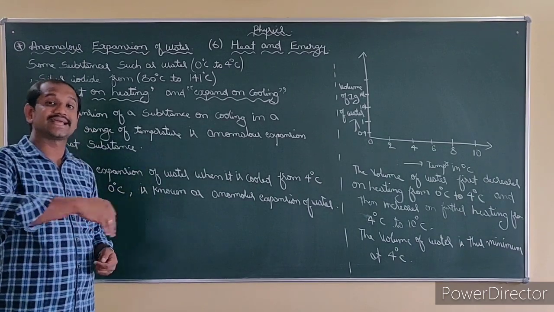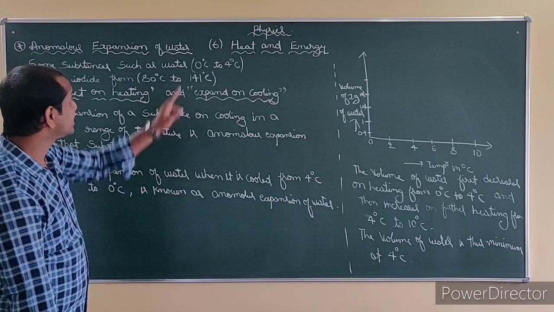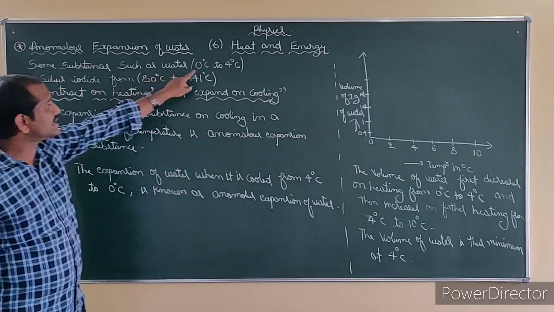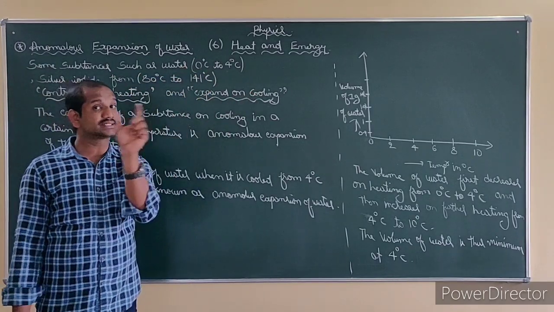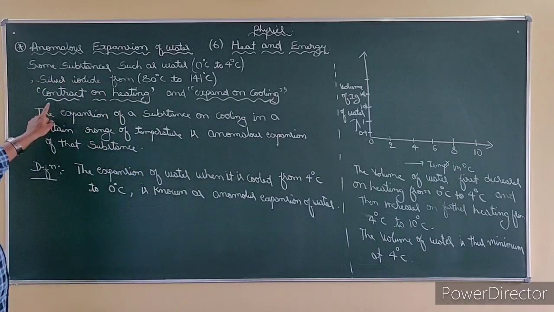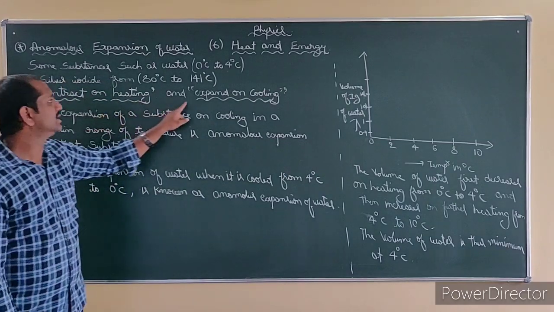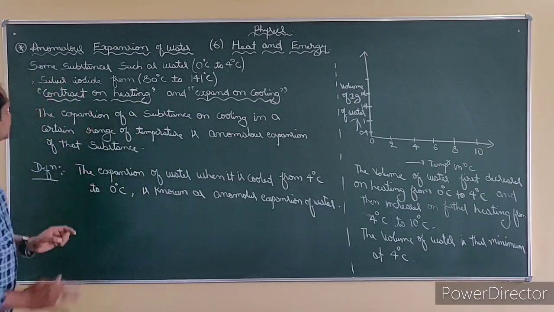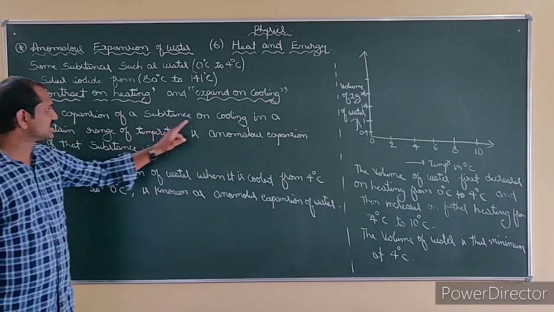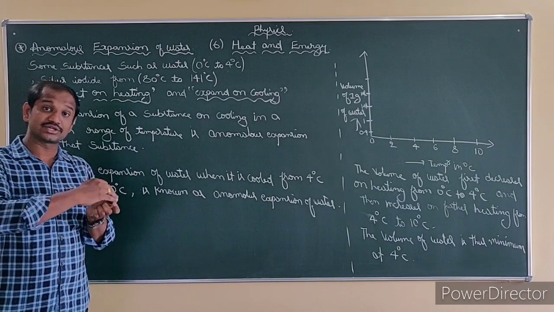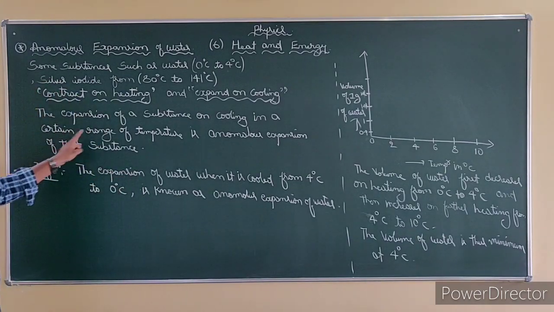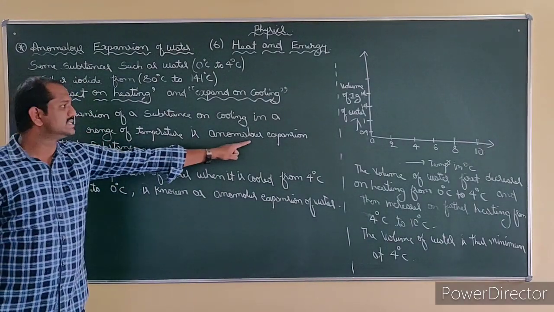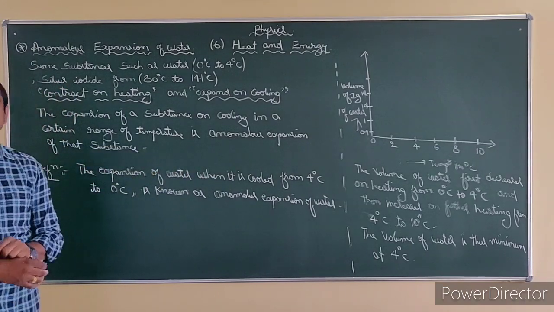All the other substances expand on heating, contract on cooling, but these substances only at a certain temperature, remember, contract on heating and expand on cooling. Understand? So this is the expansion of a substance on cooling, in a certain range of temperature, which is anomalous expansion of that substance.